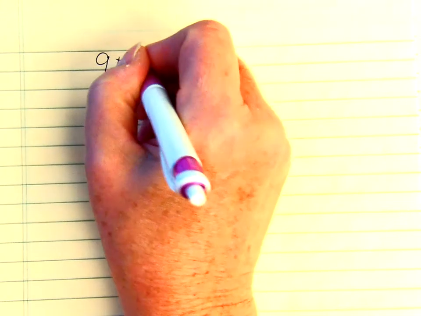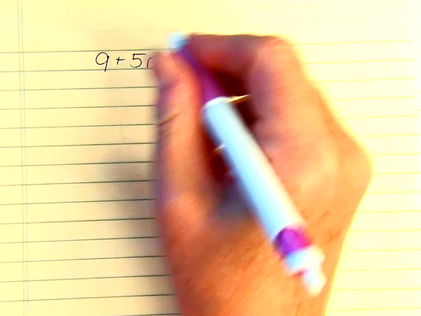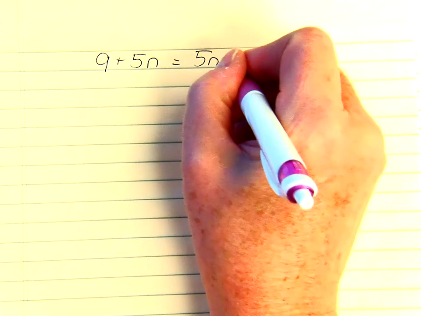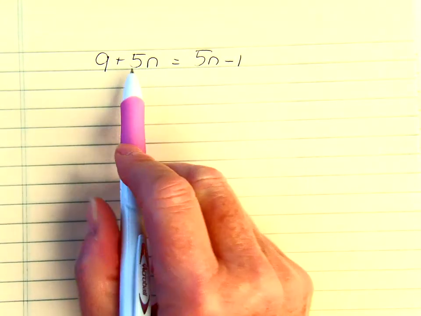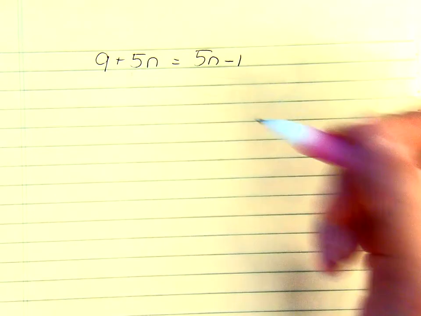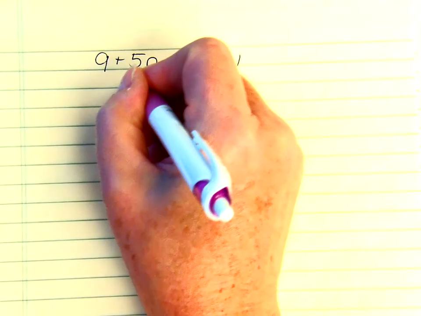So here we are going to look at two different types of problems. Let's say we've got 9 plus 5n equals 5n minus 1. Depending on how you want to do this, let's say we just go ahead and decide to move the variable term first.